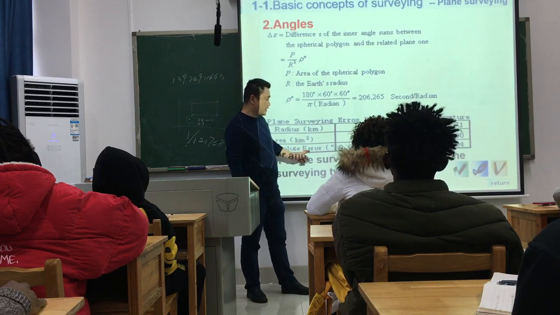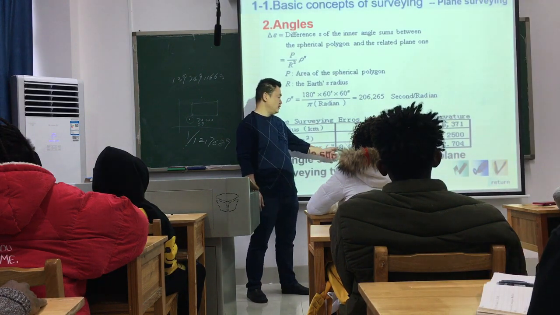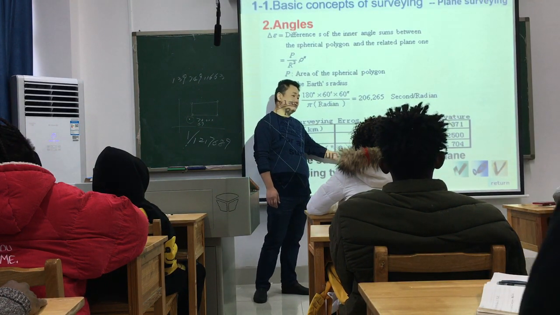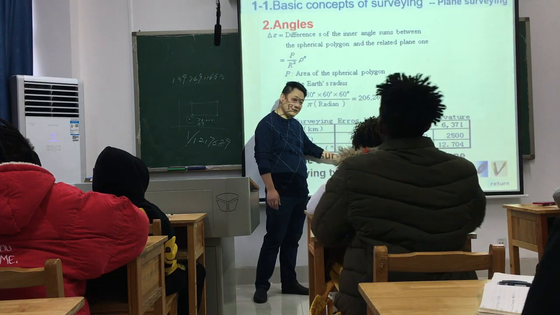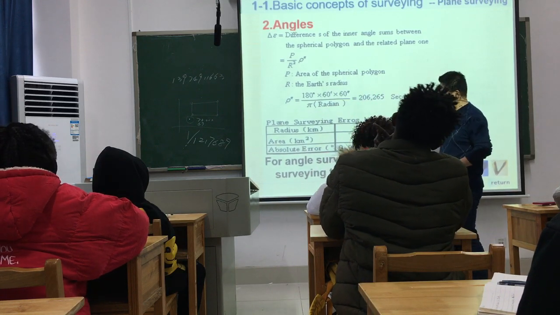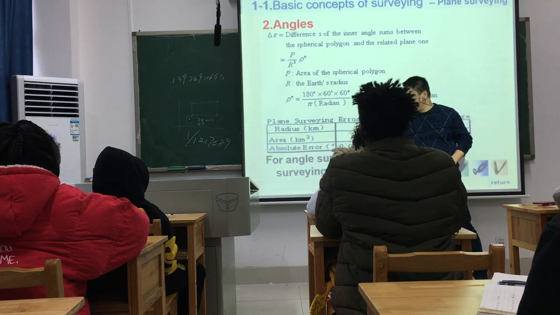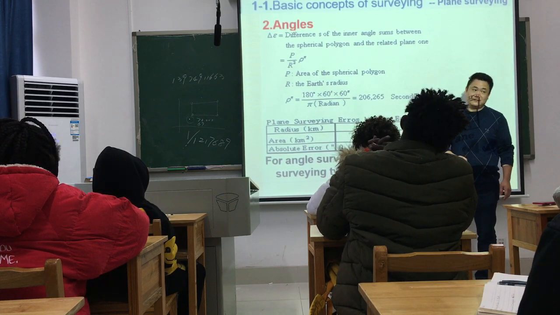The absolute error of the angle you measure should be 0.05 second. Very small, yeah? And for 100 kilometers square, the angle error should be 0.5 second.